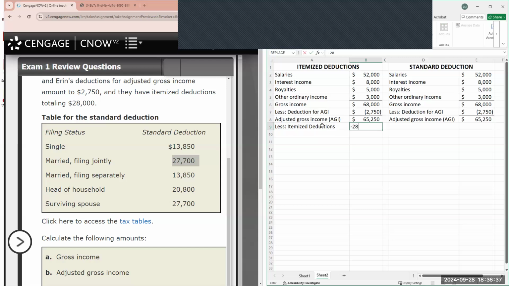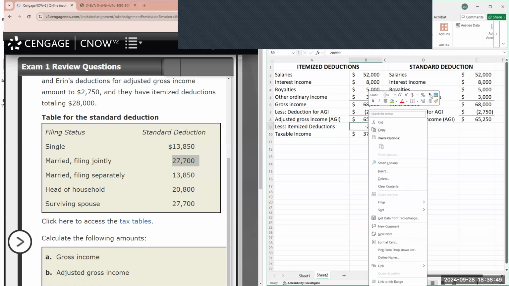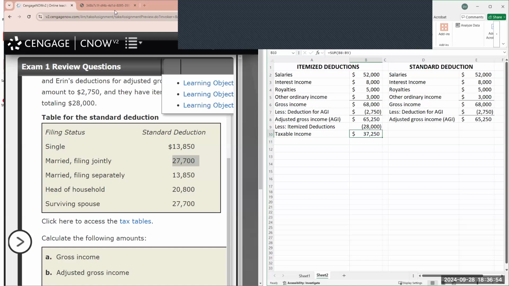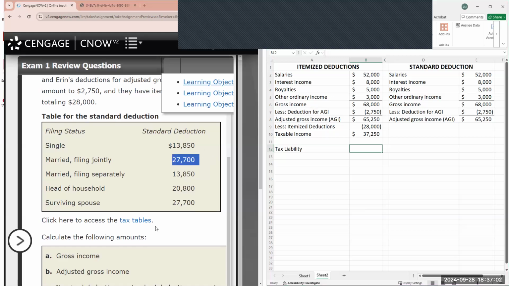So we subtract 28,000, and this gives us our taxable income. Based on this information, taxable income will be 37,250, and we use this to determine our tax liability.